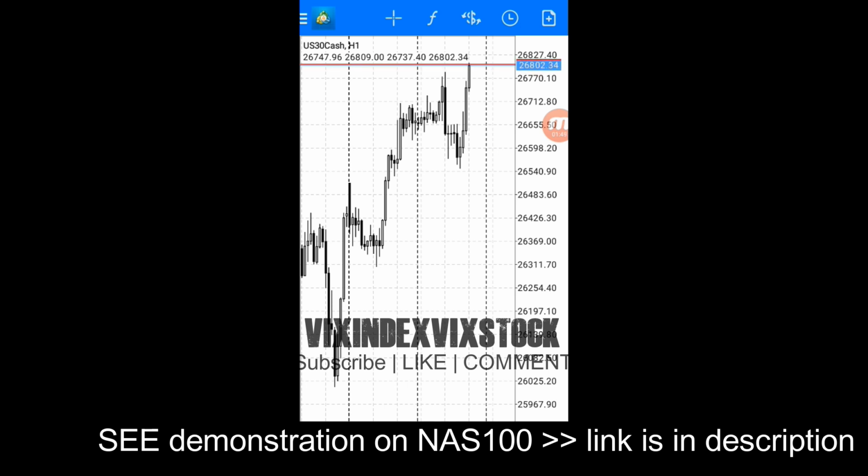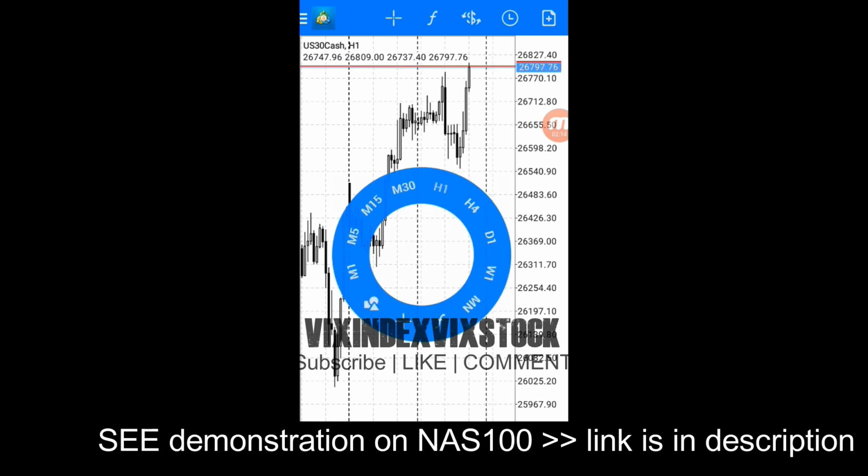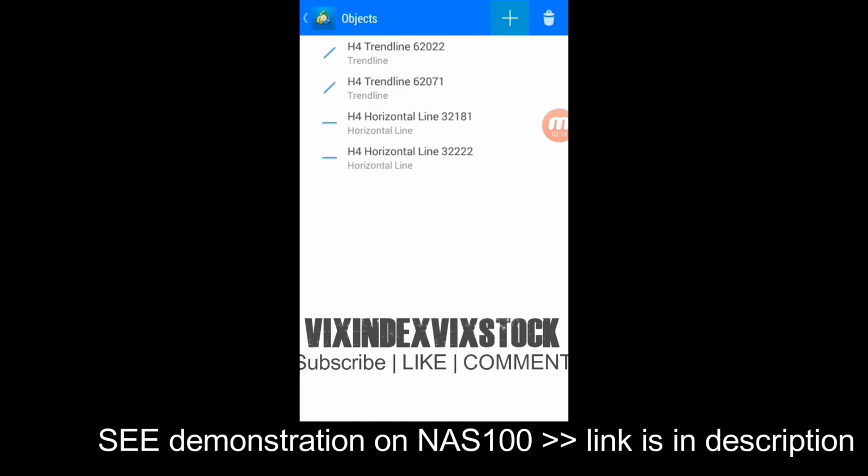So if you haven't watched that other video, how do we trade with this strategy? Basically, what we are looking for are points of support and resistance. Let me plot something here as an example.